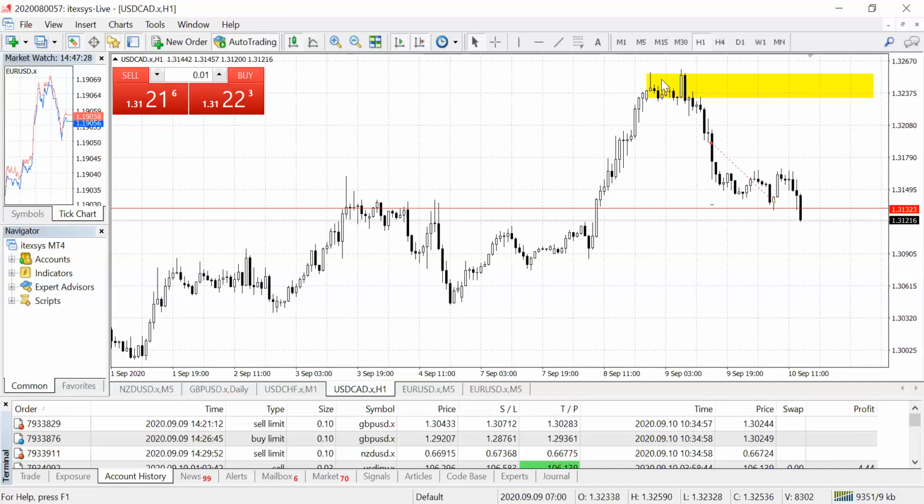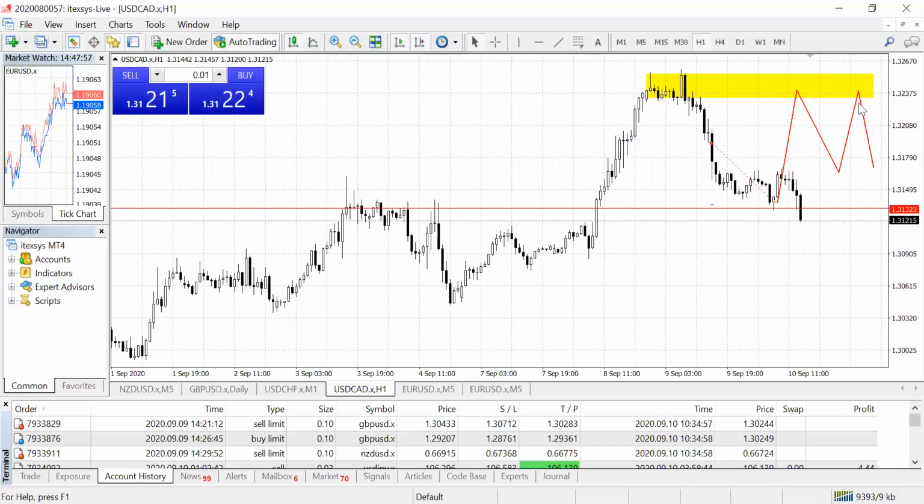Let's say we identify this as a demand area. Price comes here and gets rejected, and we have a confirmation that was a demand area. When price comes back again and gets rejected again, that's a resistance area.